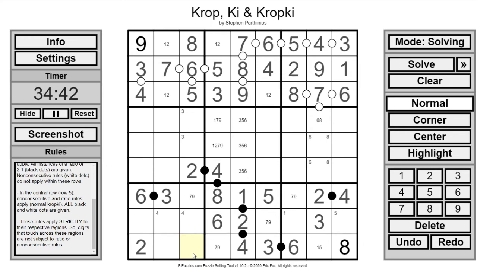And we've got 7 in these 2 spots. Eight isn't allowed to be in either of these spots because that would force a 4 next to it. So the only 8 possibility is here.